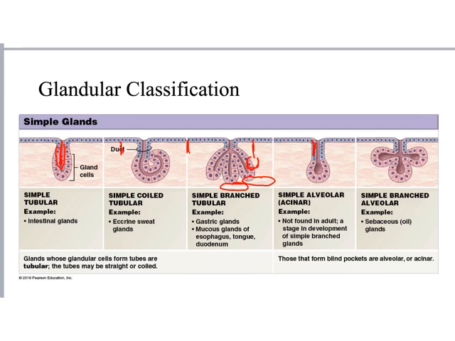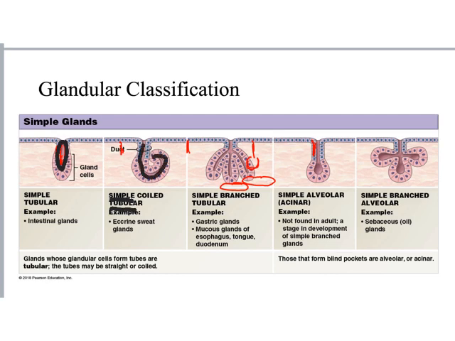So glands themselves can also be classified according to the shape of the gland, and a lot of these are pretty self-explanatory. So a simple tubular gland you can see here is exactly what it sounds like. It's just got one tube. You can have a simple coiled, simple again meaning one. It's still tubular, but that tube is now coiled.